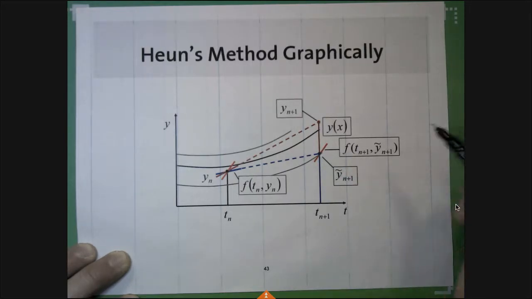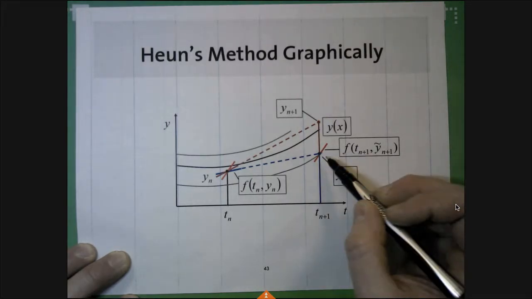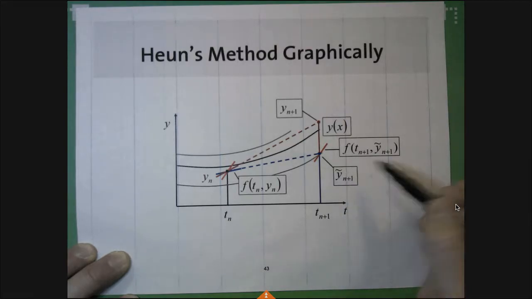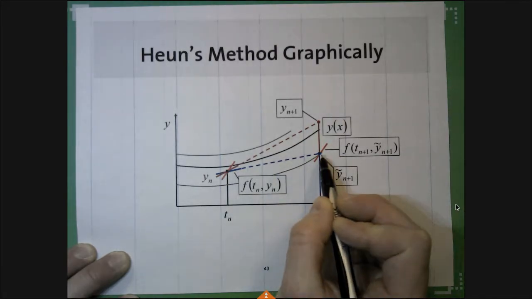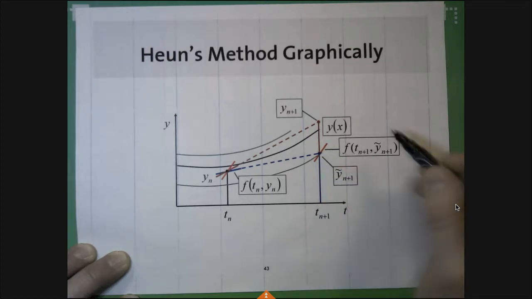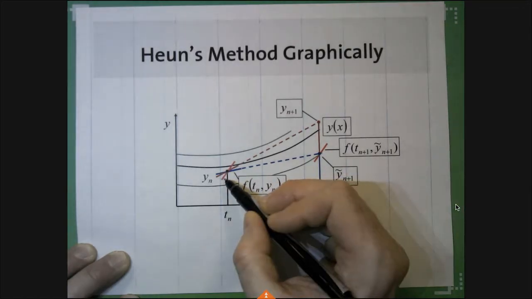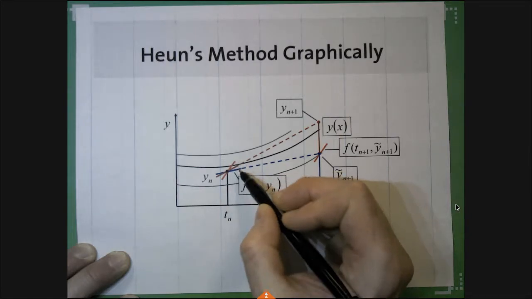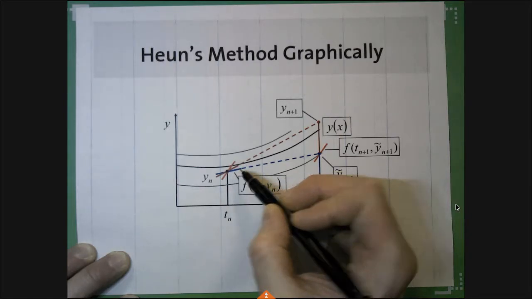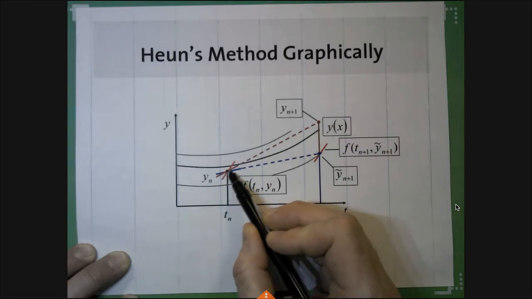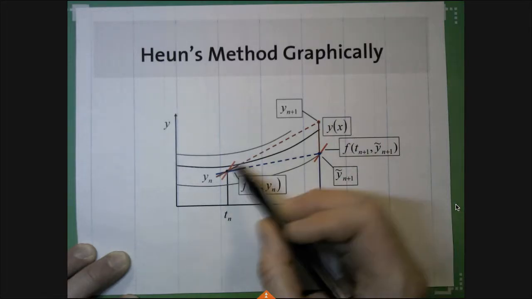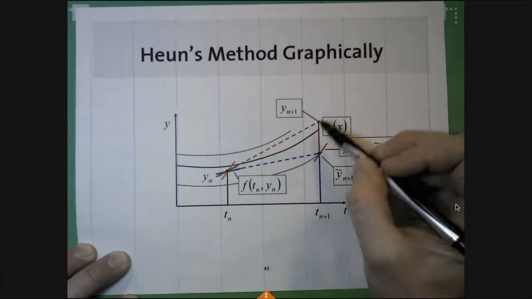That's the f function, right? So that's the t_{n+1}, y tilde_{n+1}. That's where we got by the Euler step. And there is some slope. That's this. And then we bring it back. That's this, and we average it, okay, with the original slope. So this is the averaged one, and with the averaged one we take the full step, and that's our result here.